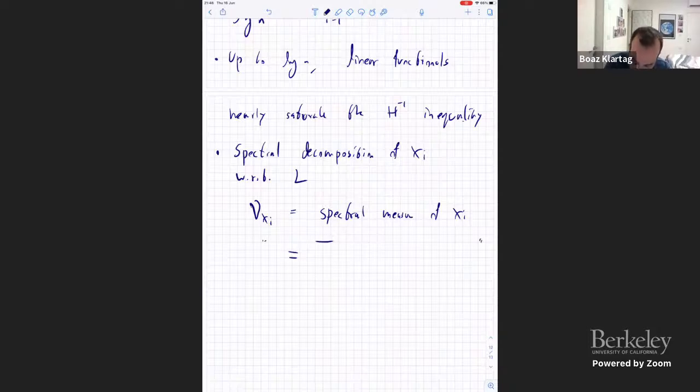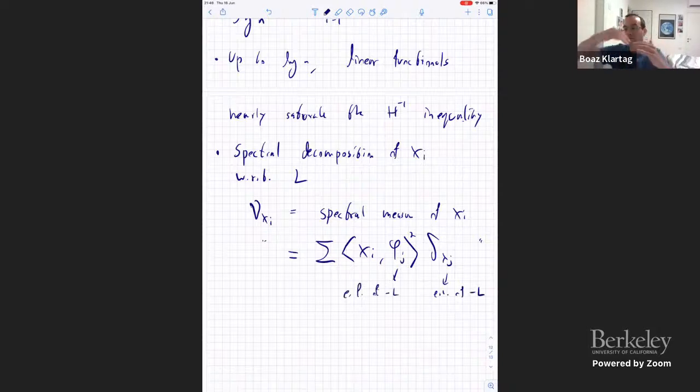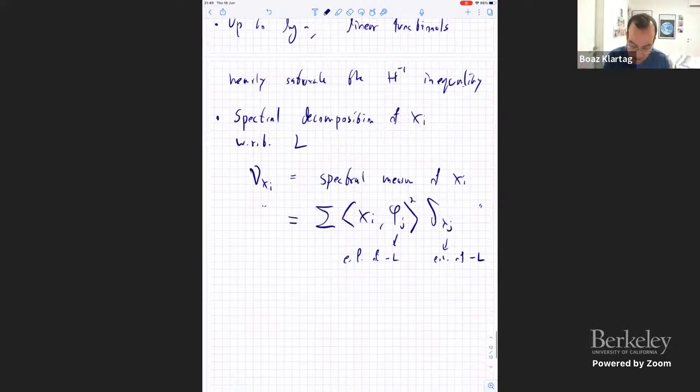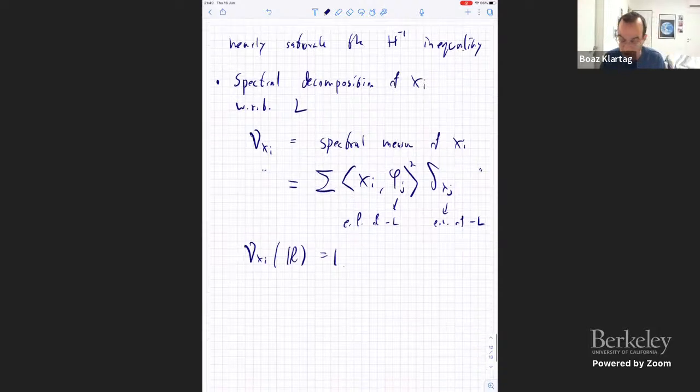It goes over the eigenfunctions of the operator L, and these are the eigenvalues of minus L. I take the decomposition of xi with respect to this orthonormal basis, and these are the sizes of the coefficients, right? So for instance, I know that nu xi of R equals 1 because it's an L2 function of norm 1.